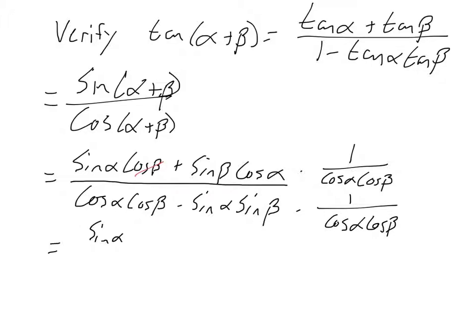So the cosine betas here will cancel, right? And we multiply this through, and we'll be left with sine alpha over cosine alpha. And then over here, the cosine alphas will cancel, and we're left with sine beta over cosine beta.